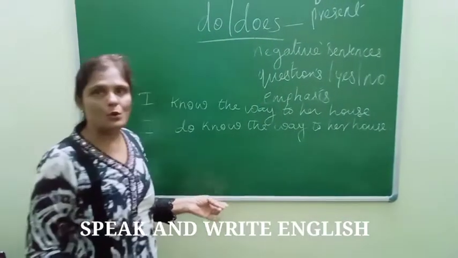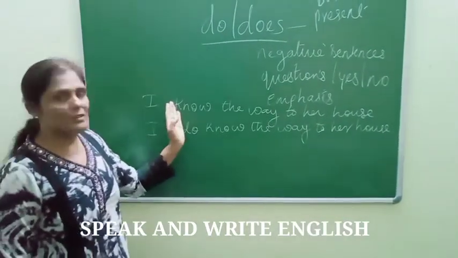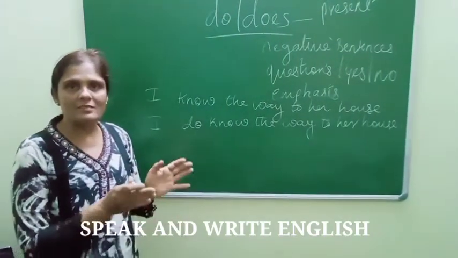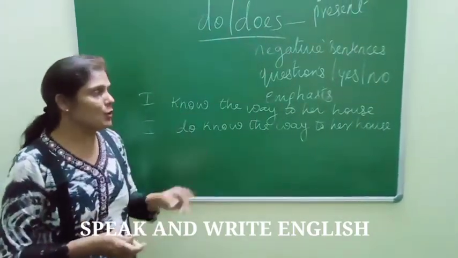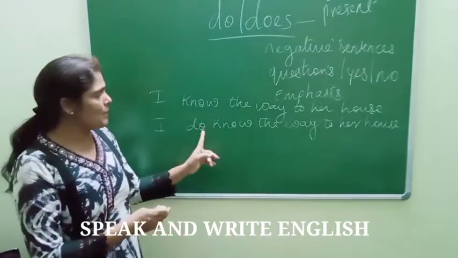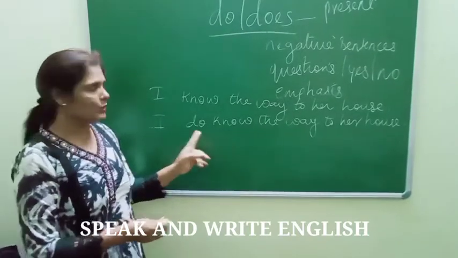Just look at the statements. I know the way to her house, it's in a simple manner. But I do know the way to her house, where you want to emphasize that you know, you make use of the auxiliary do.